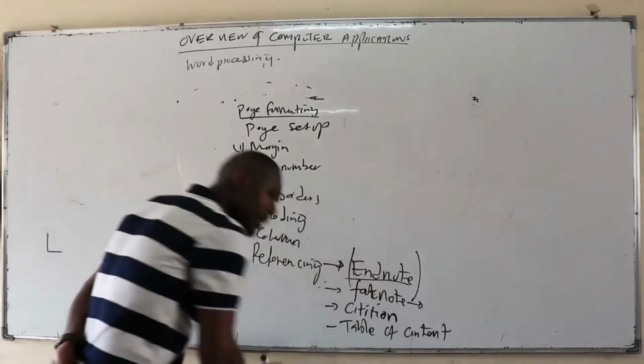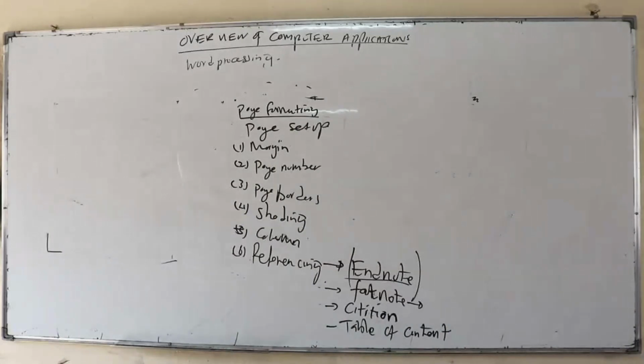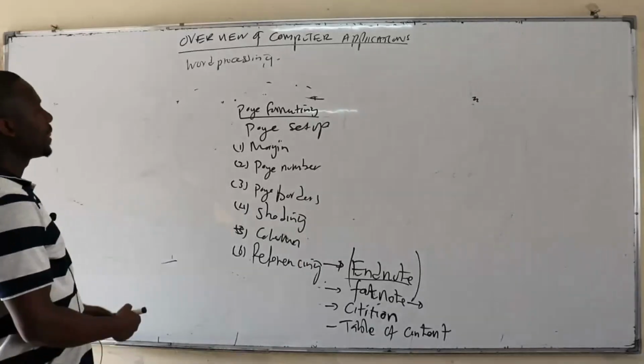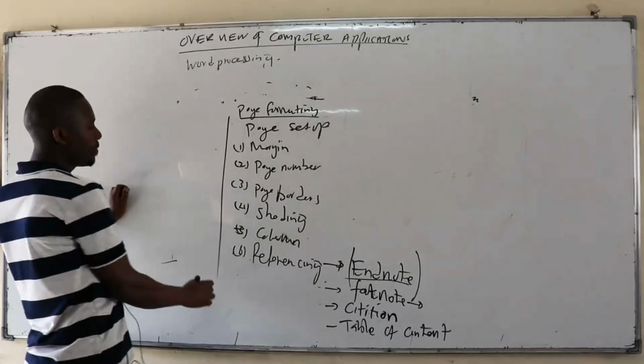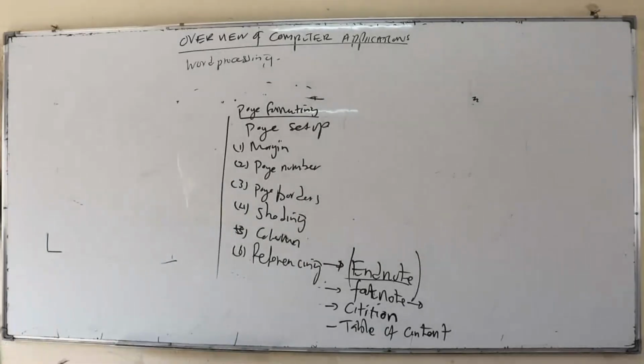So when you're formatting the page, you can apply these features. So these are page formatting features. Even in our word processing application, we use these features to format a document.